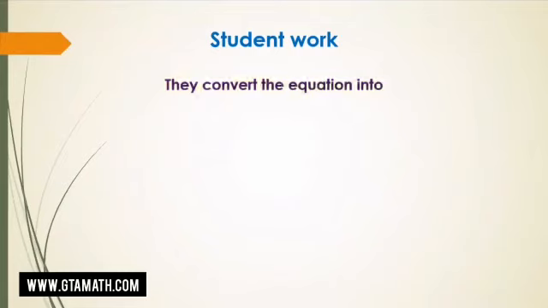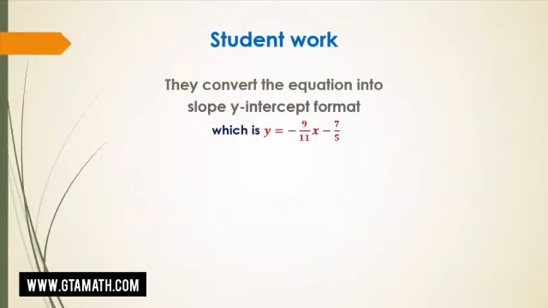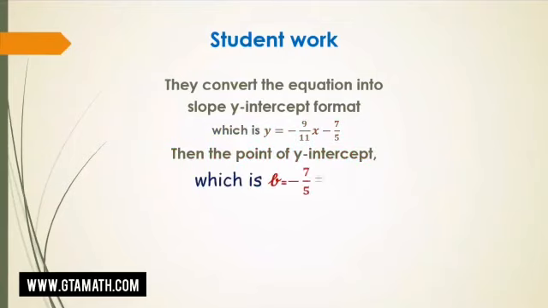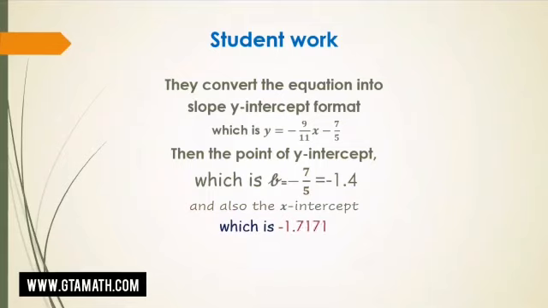They convert the equation into slope y-intercept format, which is y equals negative 9 over 11 x minus 7 over 5. The y-intercept, b, is equal to negative 7 over 5. Using a calculator, they find the value is negative 1.4. In a similar way, they also calculated the x-intercept as negative 1.717.